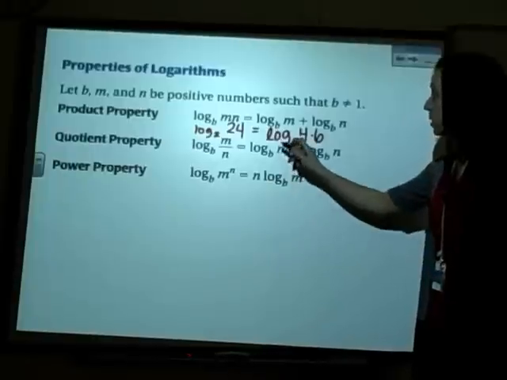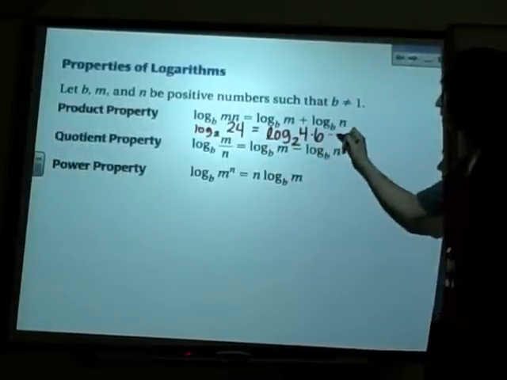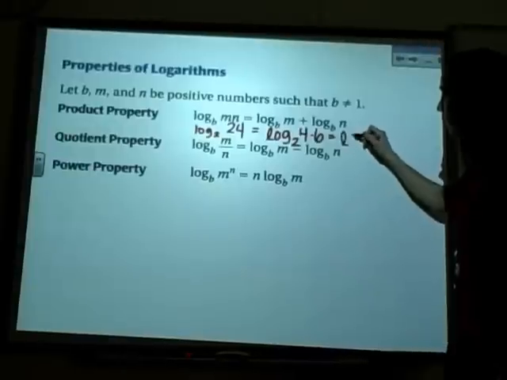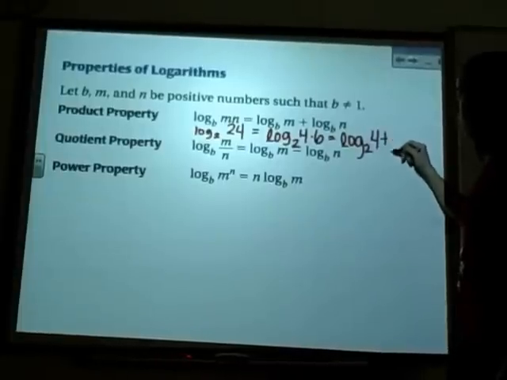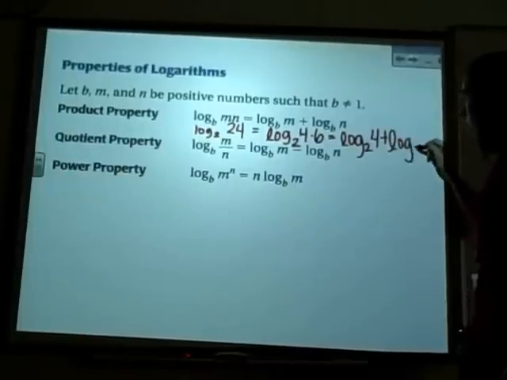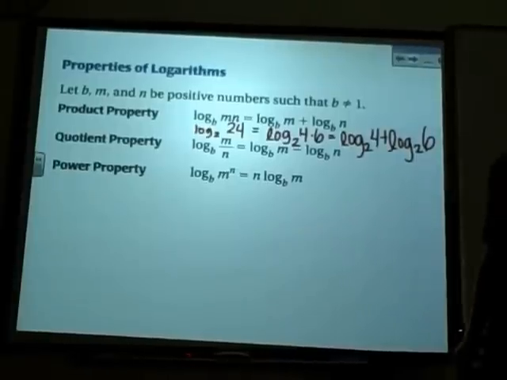And my property tells me, because 4 times 6 is the same as 24, I can split this up. I can rewrite this as log base 2 of 4 plus log base 2 of 6. And you'll see that in a later slide, why we actually want to do that.